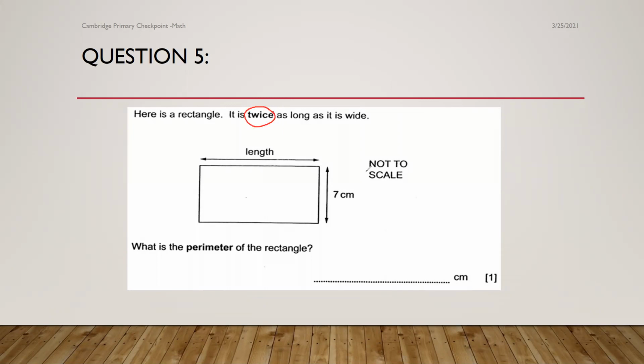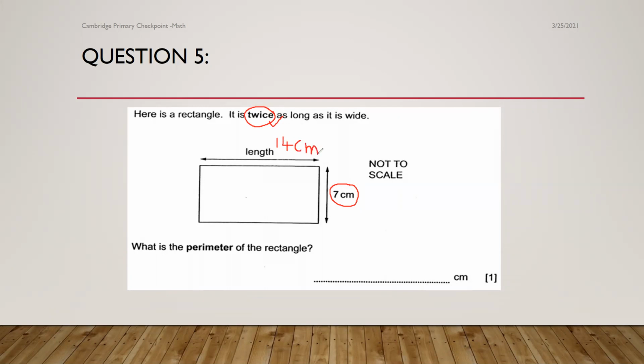Twice means 2 times. So now according to this figure, according to this shape, they have given the width as 7 centimeters. Then I can identify my length should be 7 times 2. That means it's 14 centimeters. So first you have to find that part.